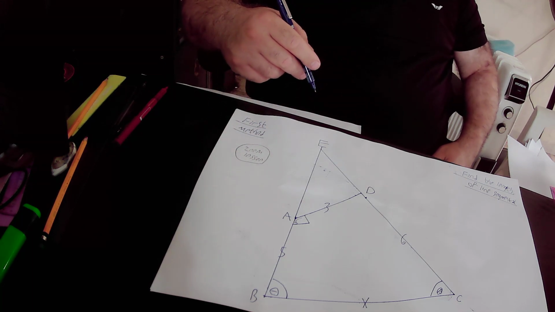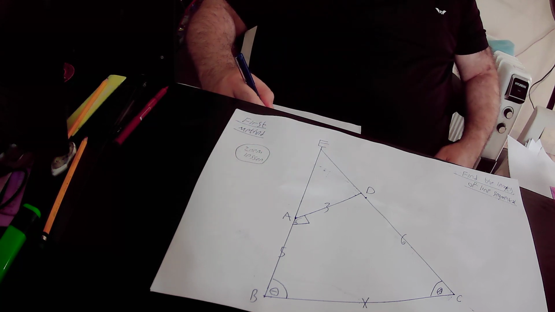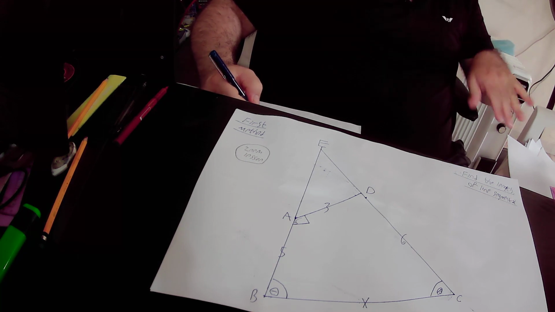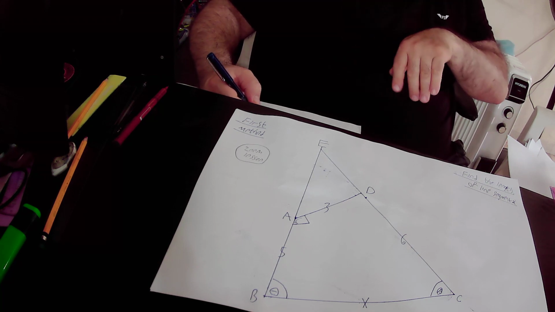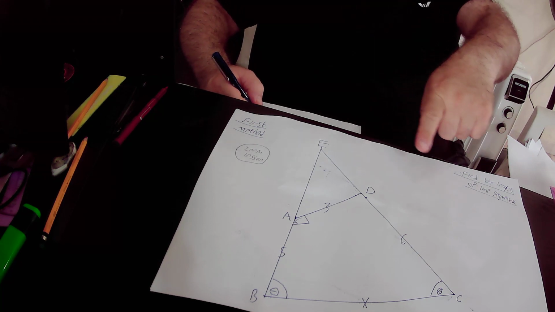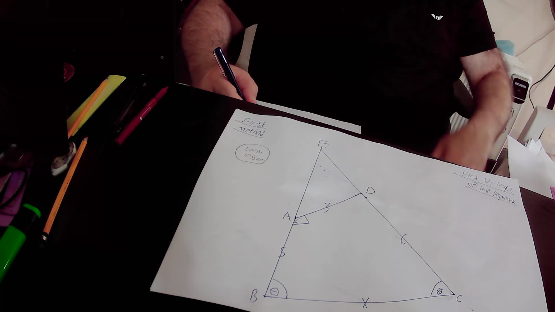Side EB equals 5 plus AE. And side EC equals 6 plus ED.